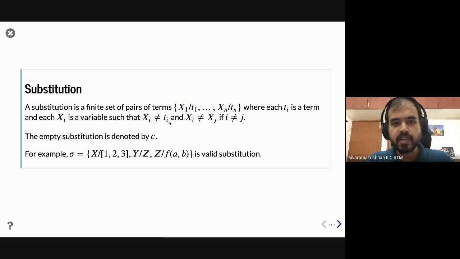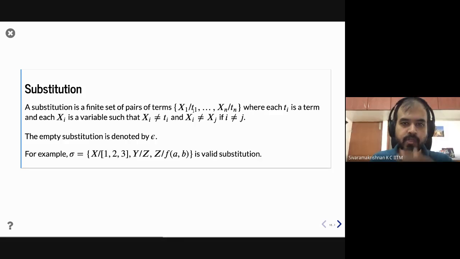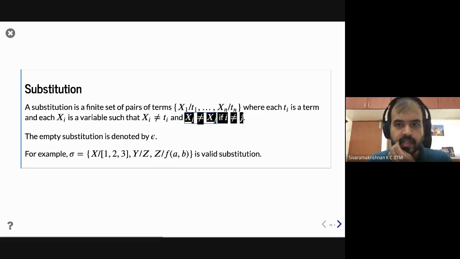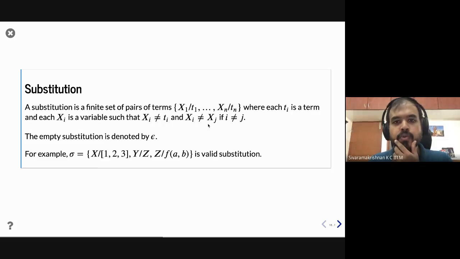The first condition simply says that xi is not equal to ti. What this says is you shouldn't have a substitution which just says go and replace the variable x with x. Even though this is idempotent, we are explicitly preventing that from occurring in the substitution. The second of these side conditions says that you shouldn't have two substitutions for the same variable.